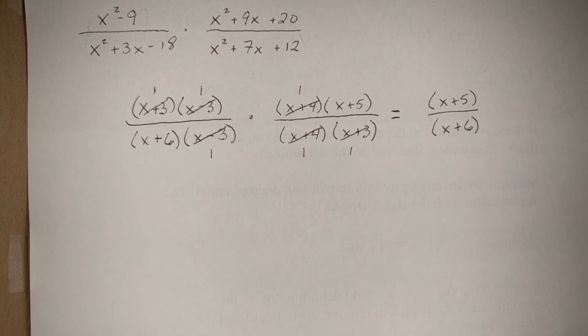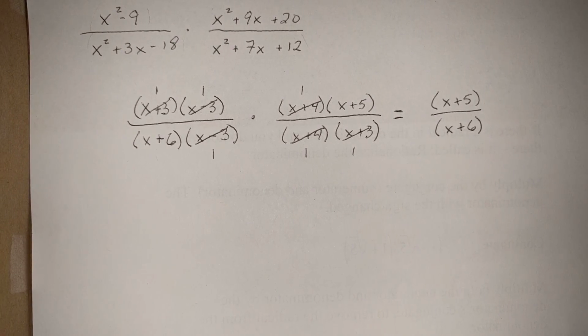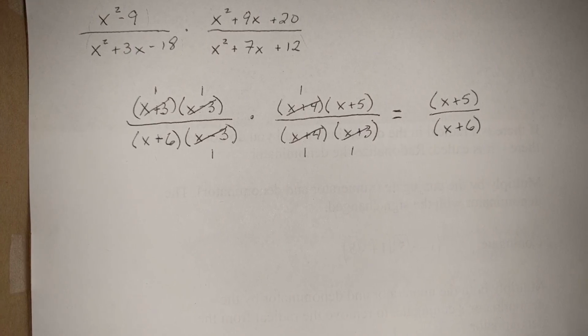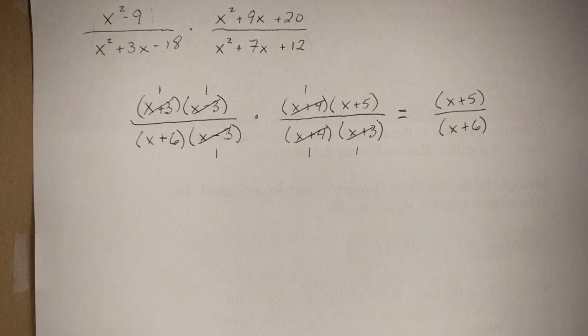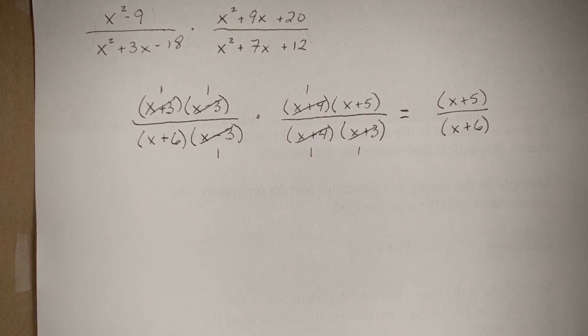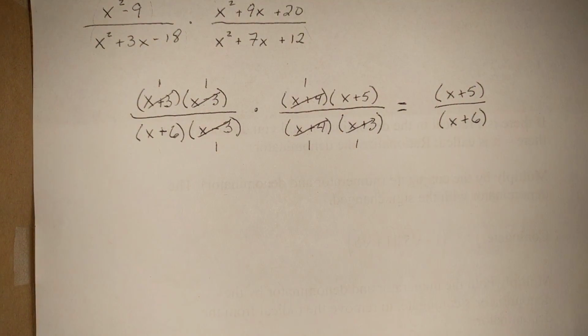When you're asked to do this in the homework or on a quiz, you may leave it in factored form. This one, of course, there isn't anything to distribute or factor either way. So leave your answer like this.